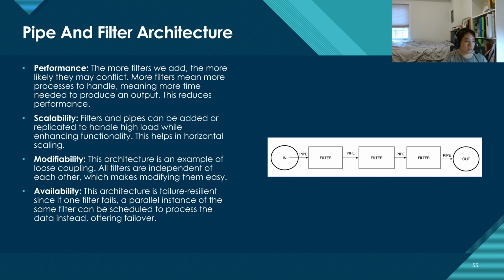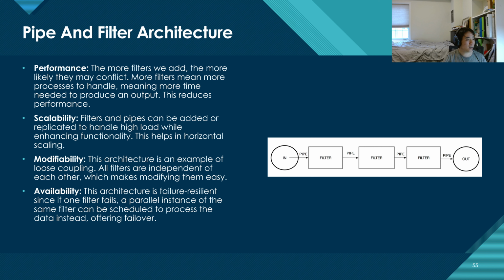And pipe and filter is made so that modifiability is not a concern. If you have different parts where you want to modify, feel free to do it. One change in a filter, and the other filters will remain mostly the same. And do remember that the filters are independent from one another, so don't couple them.